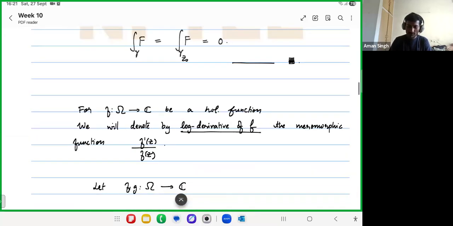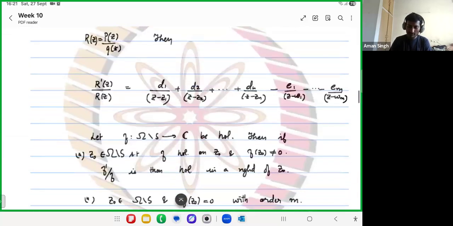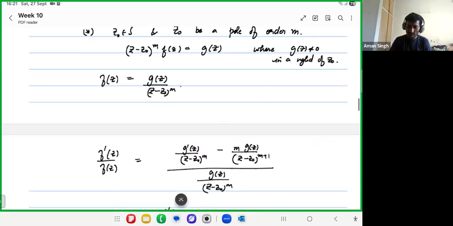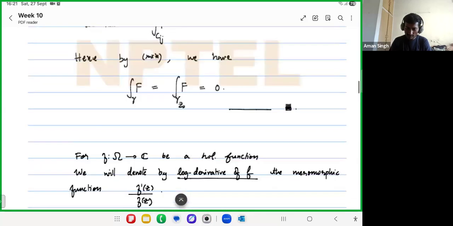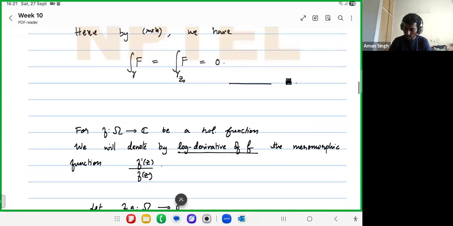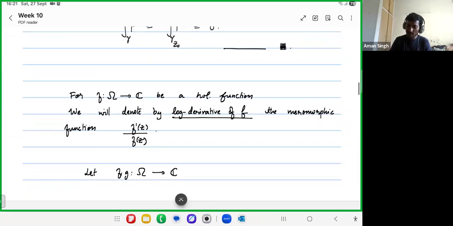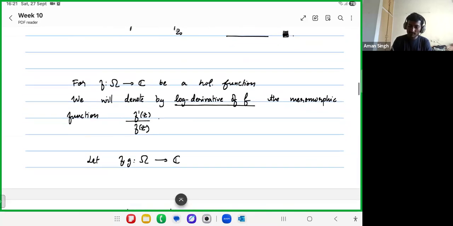Of course, we are not going to see the proof of this, but let's see the other things we have seen. Log derivative of f for a meromorphic function. If f is a holomorphic function, then this is the log derivative, f prime upon f.